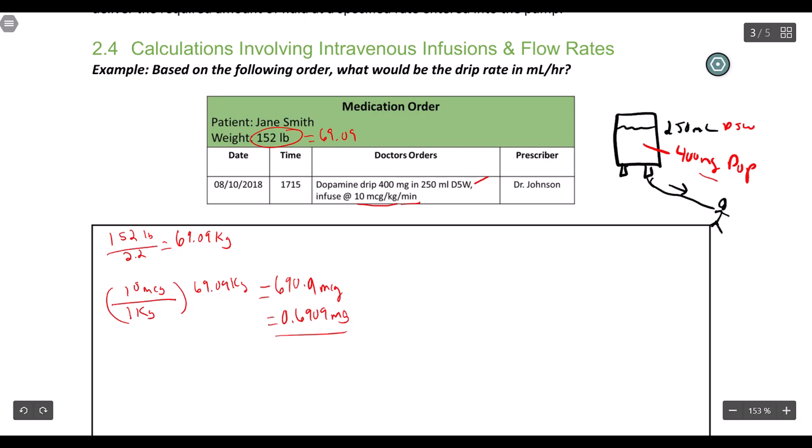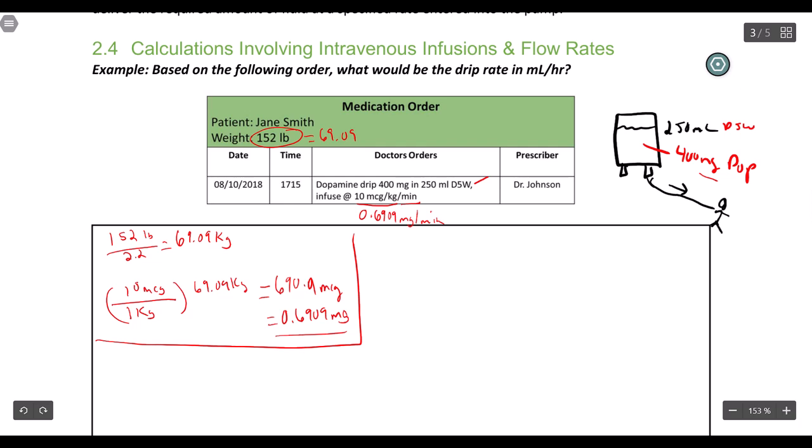So I'm rewriting this 10 micrograms per kilogram per minute as 0.6909 milligrams per minute. Now it's a little more manageable, because I'm going to have to do that eventually, and I'm showing you a stepwise approach. So that's the first thing, to get the dose written.